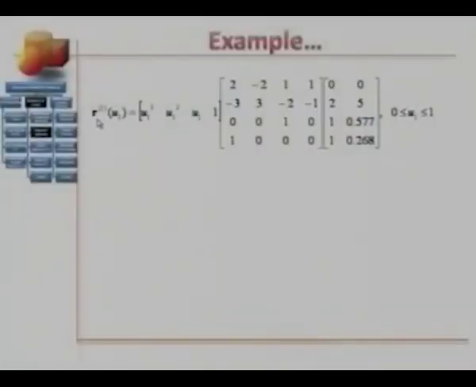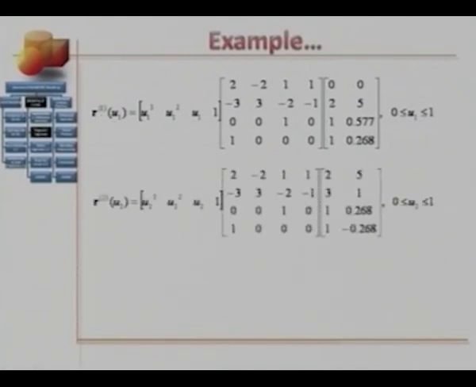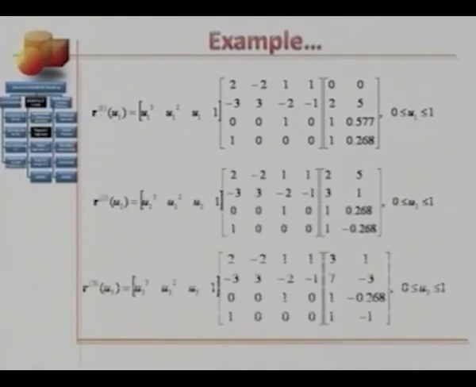We can work out the expression for the first segment, the second segment, and the third segment. This matrix here would be with respect to different parameters u1, u2, and u3.